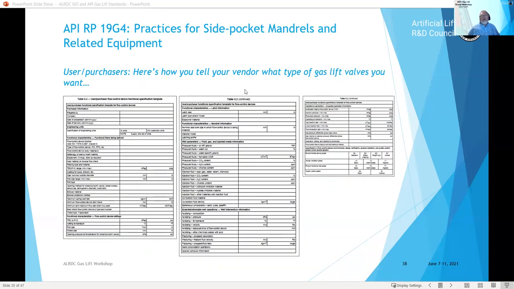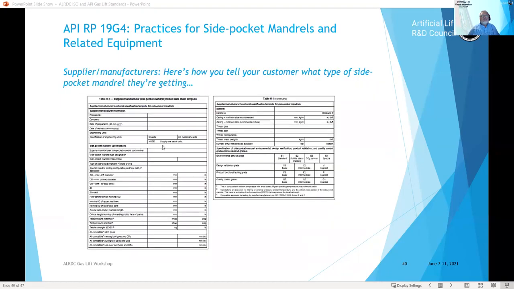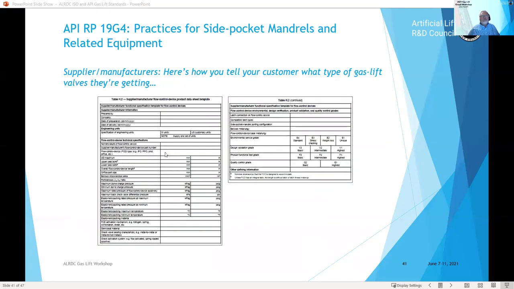Similarly, we have the same thing for gas lift valves. And we also have the same thing for accessories. This would be for your G3 equipment. The supplier manufacturer also has some tables in here or some information. This is the information that a supplier manufacturer will or should report to the user purchaser on his product.